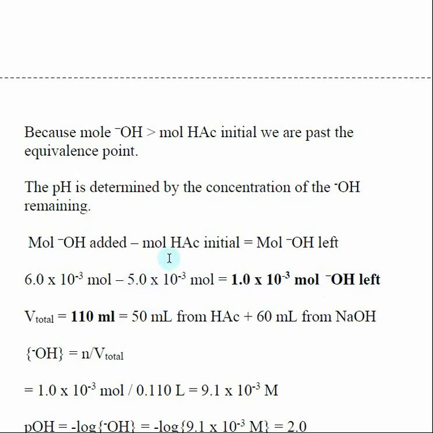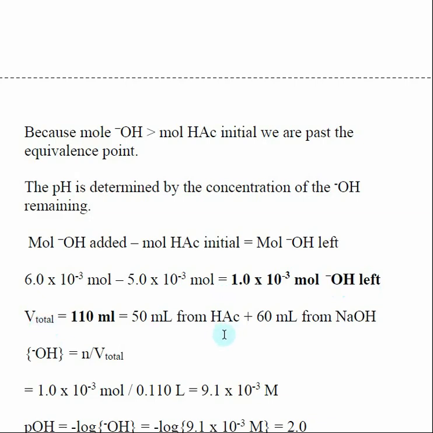Here, it doesn't matter if we're dealing with a weak acid or a strong acid. In this step, it's just, how many moles of acid do we have? So these calculations are exactly the same as we did with the strong acid strong base titration. We want the number of moles of hydroxide, which we just calculated, and then we need the concentration of hydroxide. So we're back to looking at V total.